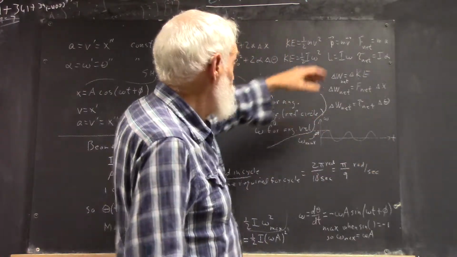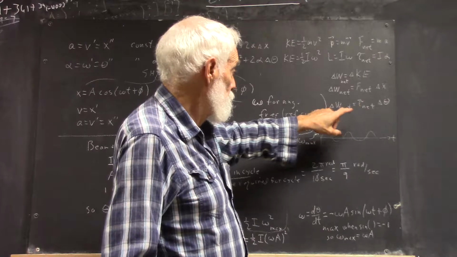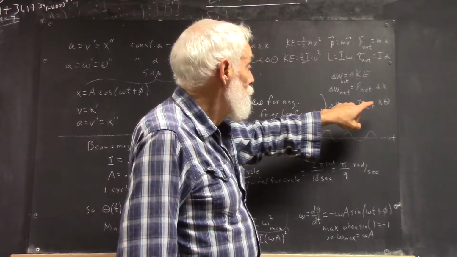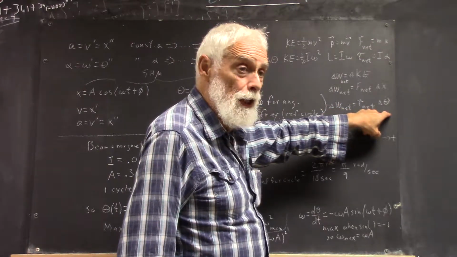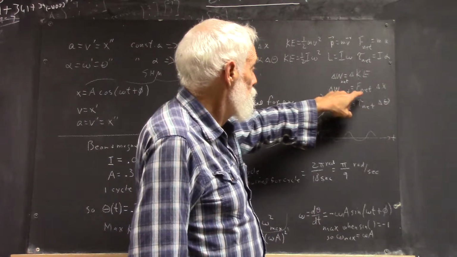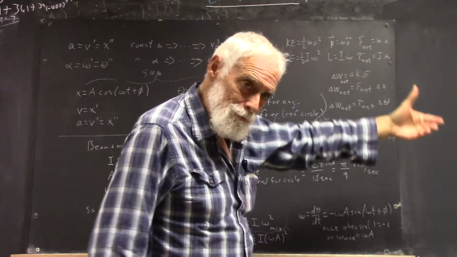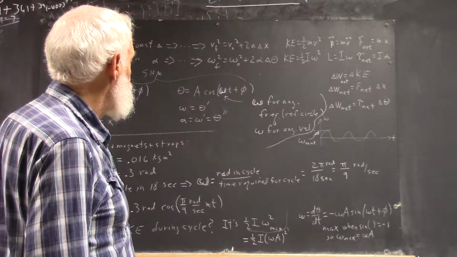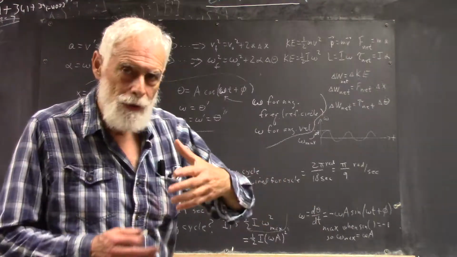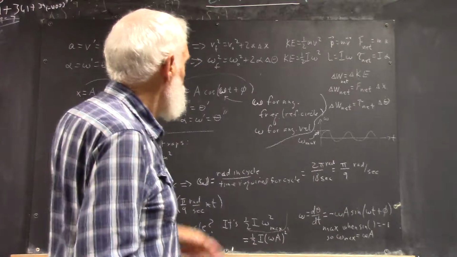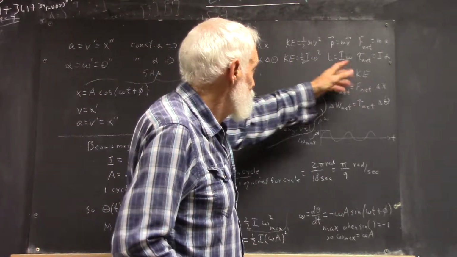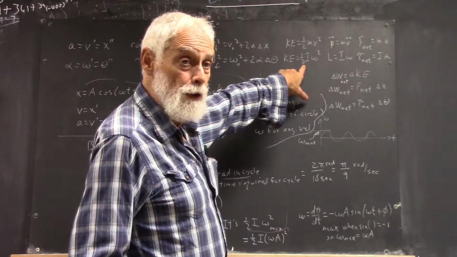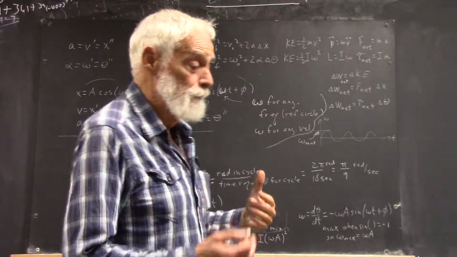And also, it follows in a way that you should understand that the work done by the net torque is the product of the net torque and the angular displacement, analogous to net force times linear displacement. So if we want to analyze the kinetic energy of the rotating system, we've got to find the angular velocity.